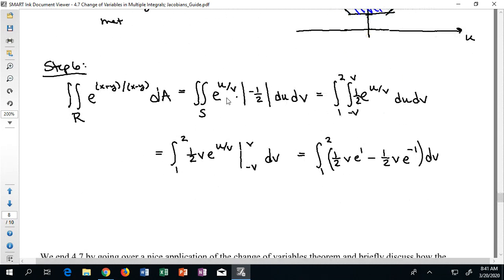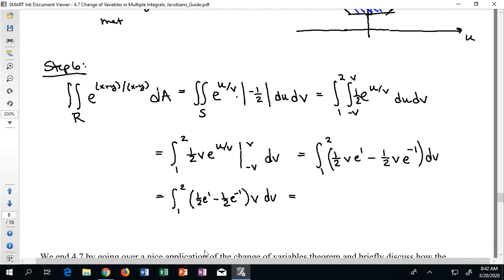When I go ahead and evaluate this, I'll notice that, wow, actually, I could think about pulling the v out of this. I really have a 1/2 e to the first minus a 1/2 e to the -1 times a v. And so the antiderivative here becomes very, very simple.